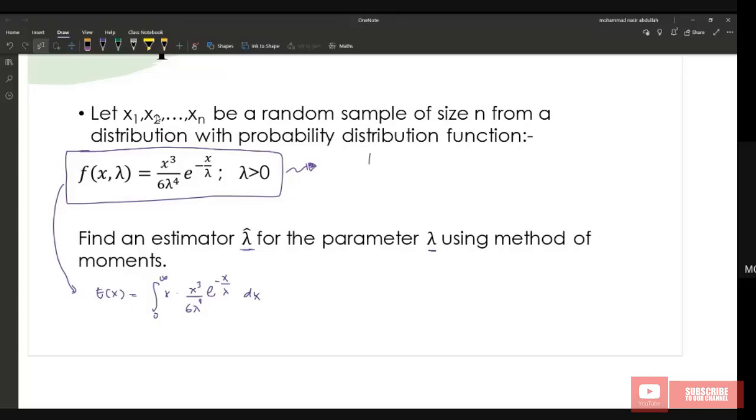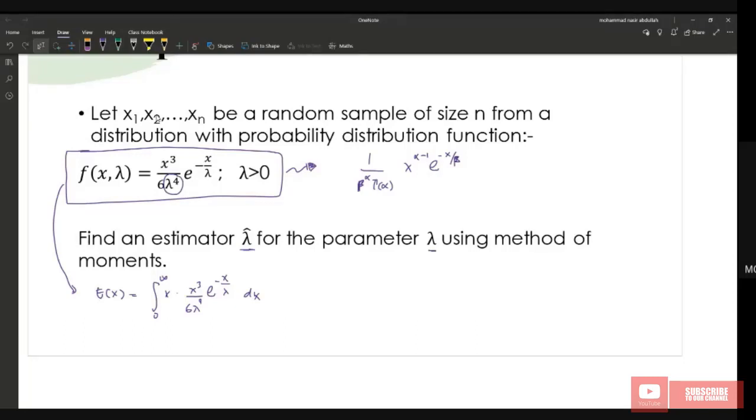Compared to the gamma distribution, let's say the gamma distribution is 1 divided by beta to the power of alpha, gamma of alpha, times x to the power of alpha minus 1, times exponential of negative x over beta, right? If you can match this one, you can see alpha to the power of 4, right?